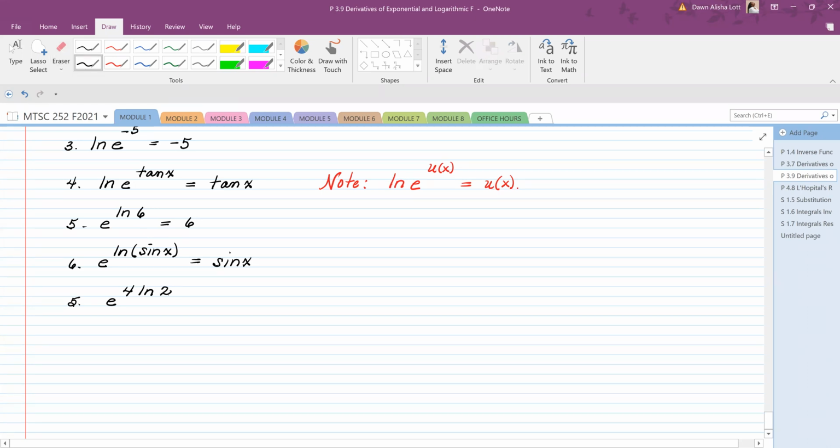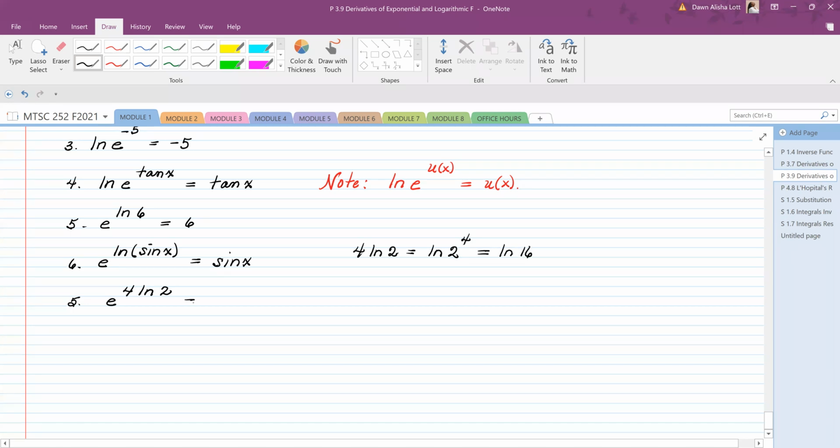Right now I can't simplify it because it's not e to the log, but remember, 4 times the natural log of 2 is the same as the natural log of 2 to the 4th. And that's just the log of 16.